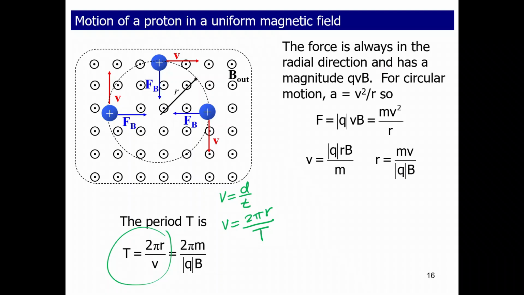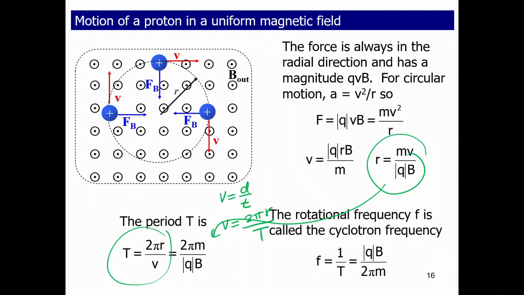If you sub in for r, you could find the period in terms of the mass, the charge, and B. That's something they can ask you for: the time it takes to go once around the circle. They could also ask you for the frequency. Sometimes they call this the cyclotron frequency. A cyclotron is a physics apparatus in which charged particles are accelerated around circles. They're used for research and all sorts of other things. And frequency is just 1 over the period, so if you can find the period, you can also find the frequency. So those are different types of things they could ask for.